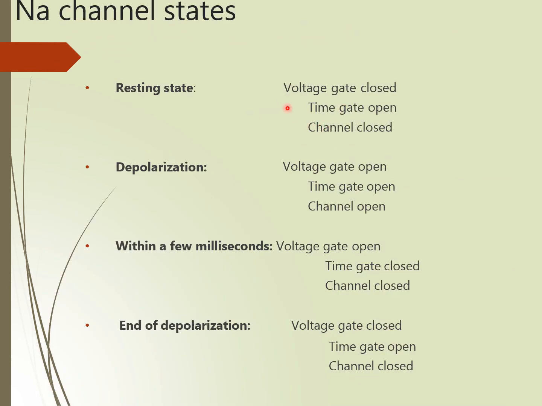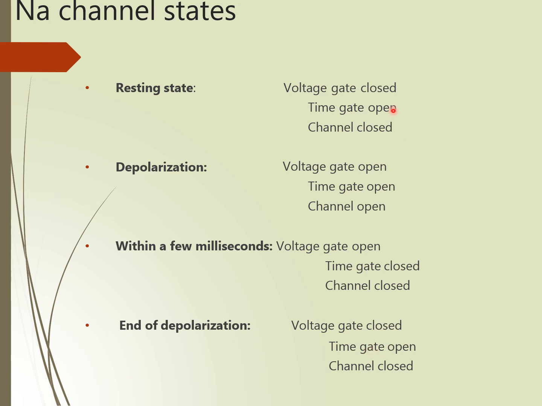So resting state, how will the channel be: voltage gate closed, time gate open, so finally channel closed. Depolarization: voltage gate open, time gate open, channel open, and within a few milliseconds voltage gate open, time gate closed, so channel closed. End of depolarization: voltage gate closed, time gate open.